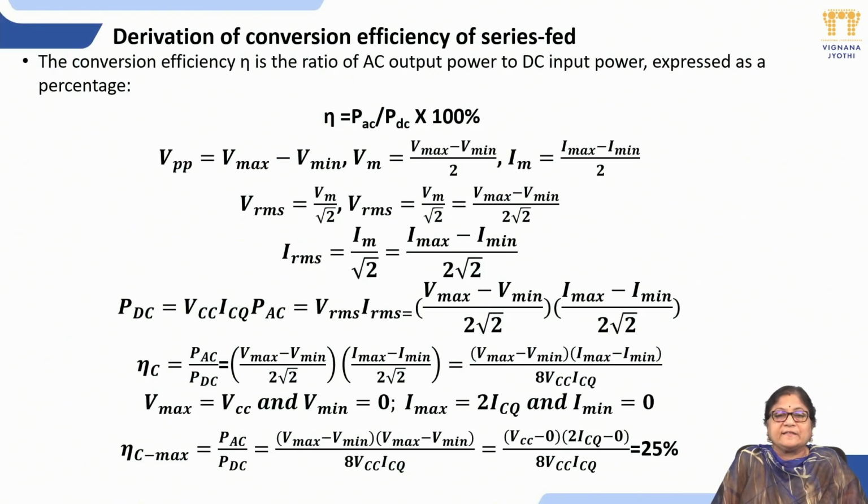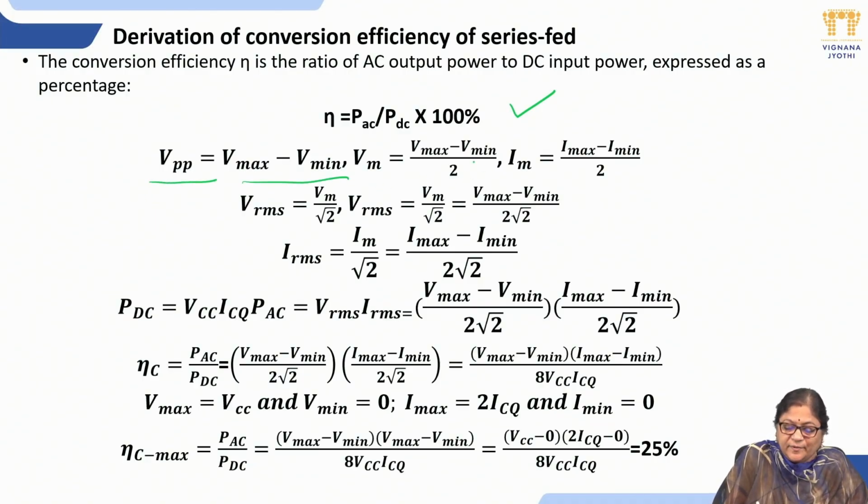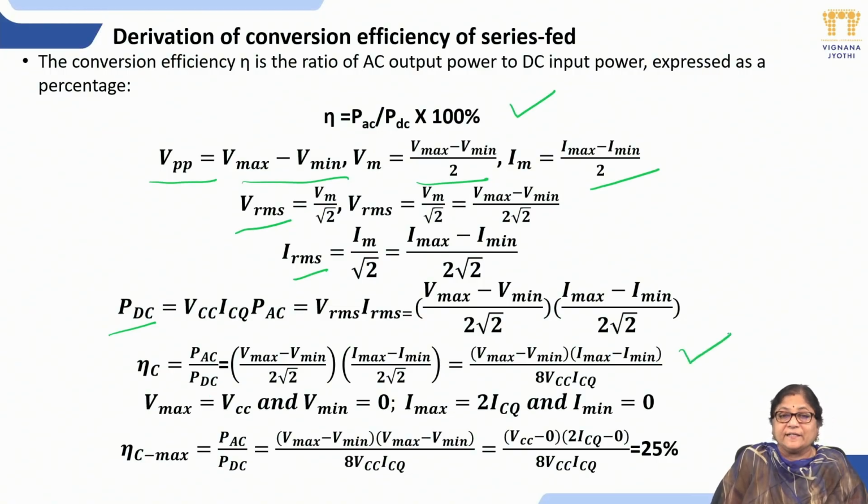So I'll show you this here for the series fed. Efficiency is PAC by PDC into 100%. V peak to peak is V maximum minus V minimum. VM is (V maximum minus V minimum) by 2. IM is (I maximum minus I minimum) by 2. From this we calculate VRMS and IRMS, substituting in PDC, and conversion efficiency is PAC by PDC. So this is the formula we get: (V max minus V min) into (I max minus I min) by 8 VCC into ICQ.